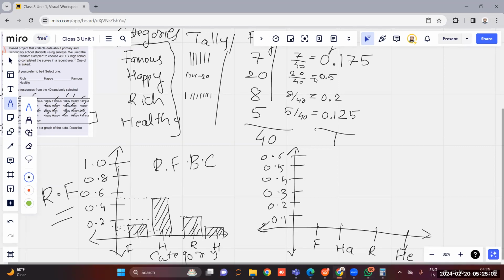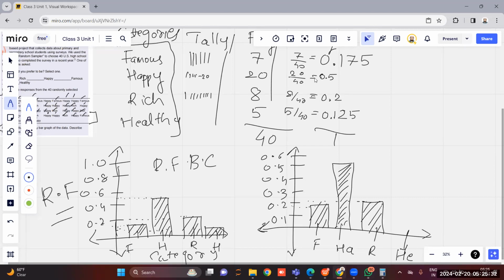So what is it for famous? 0.175. See, 0.15 will be here, and just above it will be 0.175, so my bar will come here. Then happy is 0.5, so my bar will go up to 0.5 and come back. Then rich is 0.2, so this is the marker, and the 0.2 bar will come here.